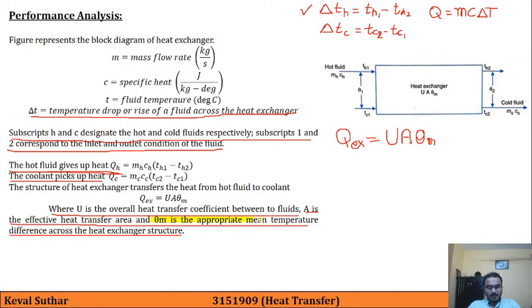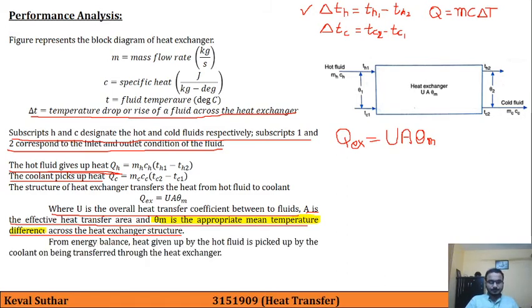Regarding this theta m, we will have a separate lecture on this. Later on we will understand that it is the logarithmic mean temperature difference, shortly known as LMTD.